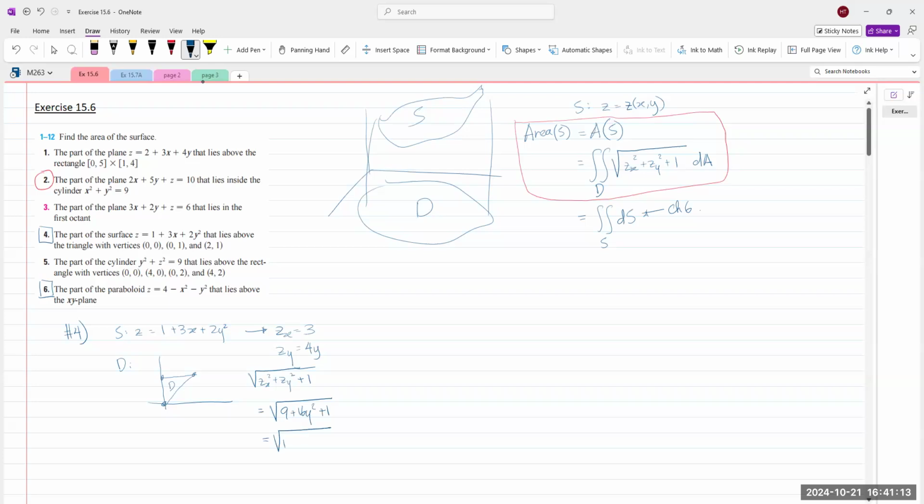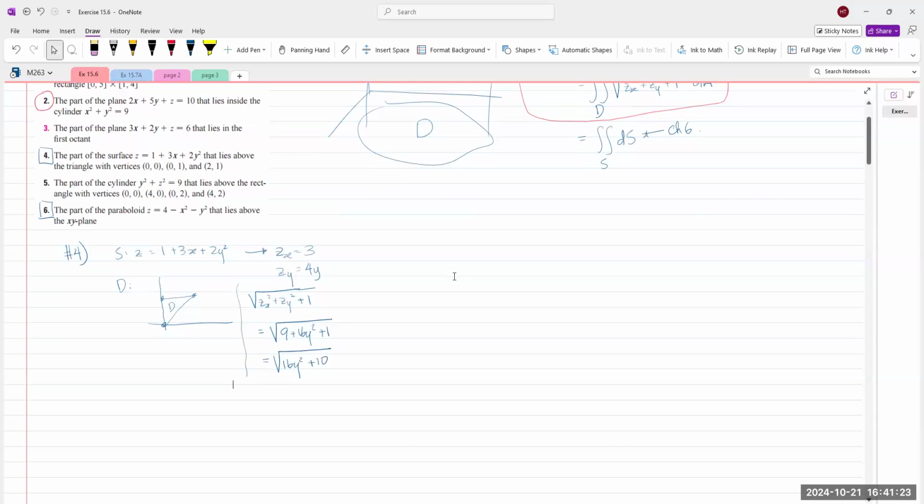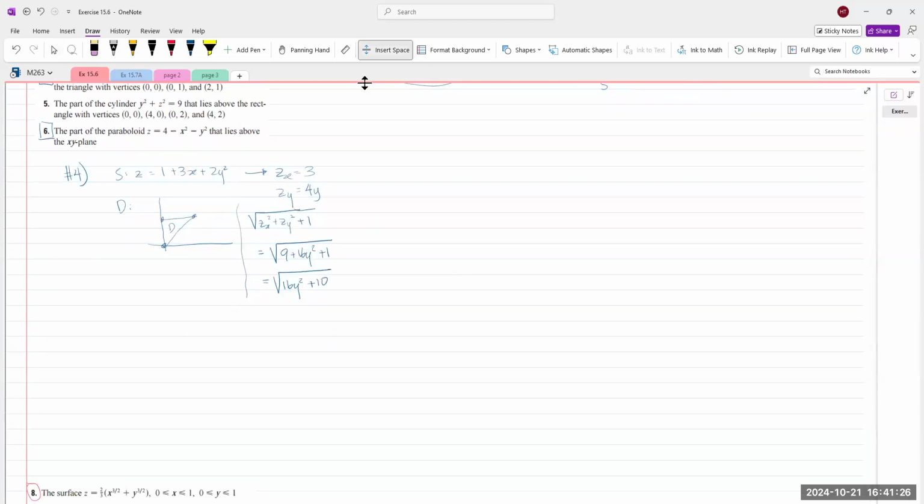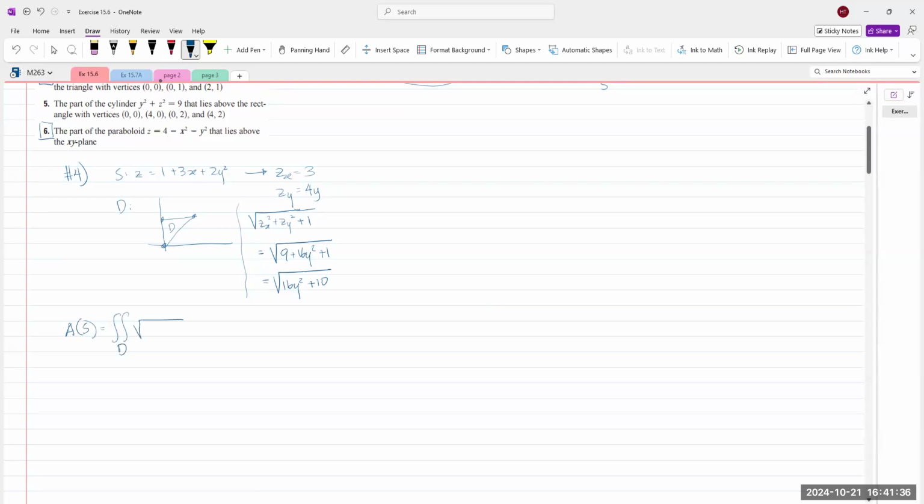That is the square root of 16y squared plus 10. How about the double integral then? The area of surface S is given by the double integral over domain D of the square root of 16y squared plus 10 dA.